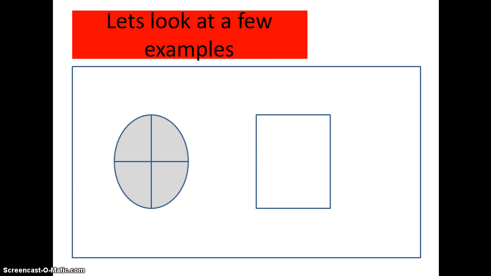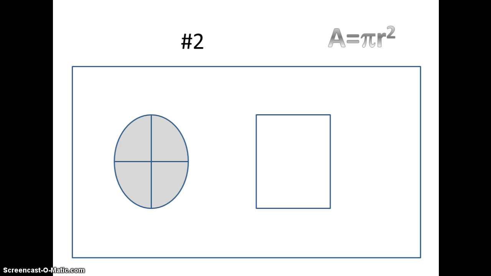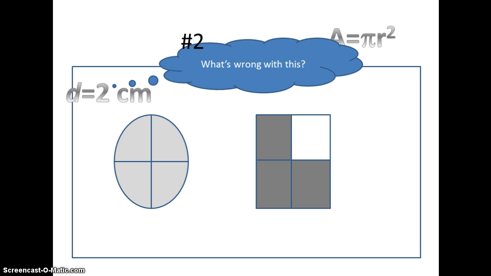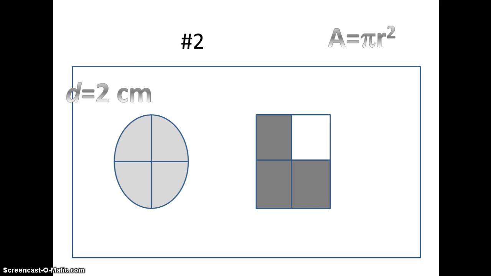All right, I'm going to slow it down a little bit. We're on example number 2. See if you're getting the hang of this. For example number 2, we have a diameter of 2 centimeters. What's wrong with this? What's our first thing we need? That's right, we need radius, not the diameter. So the radius is half of the diameter. So instead of 2, we're going to use 1.